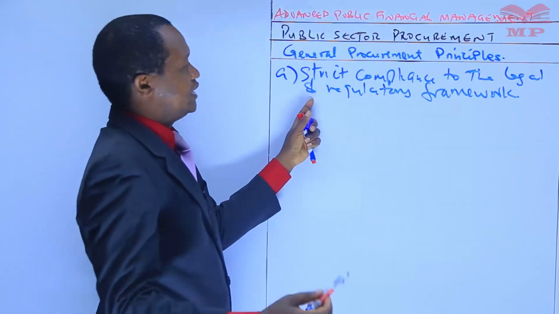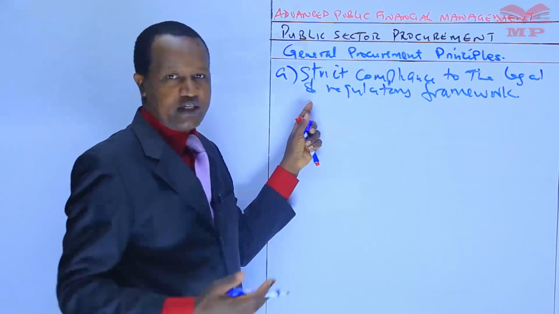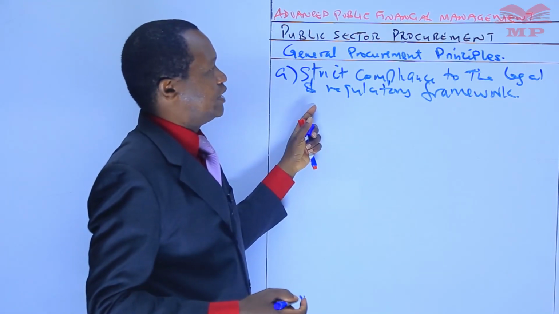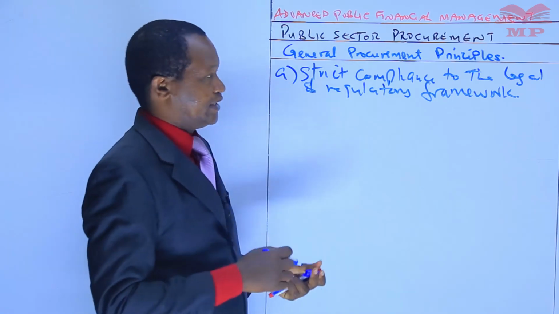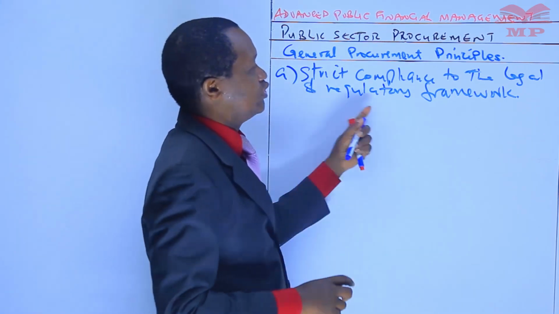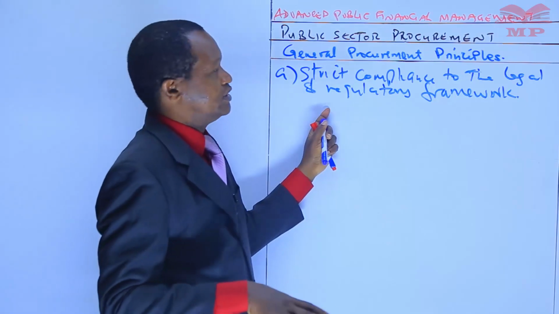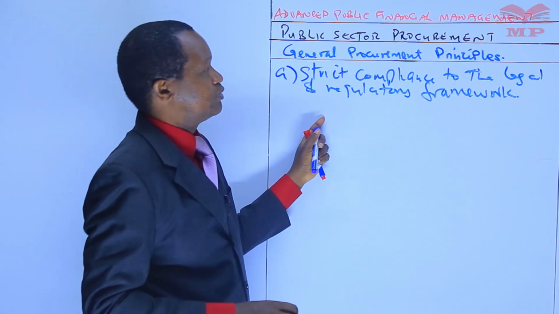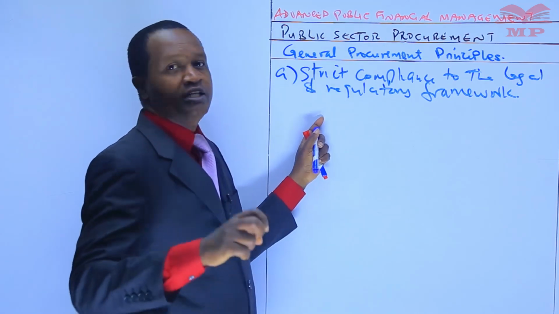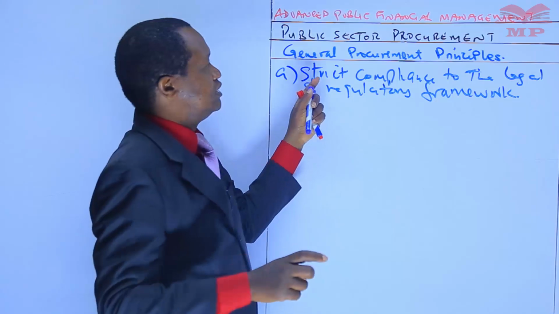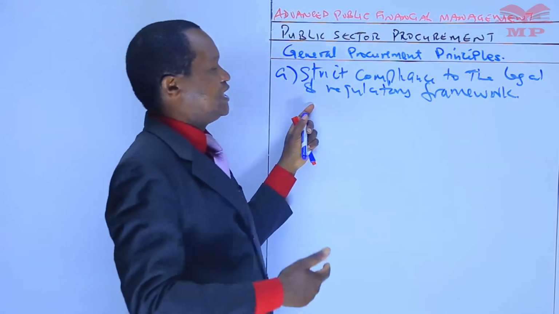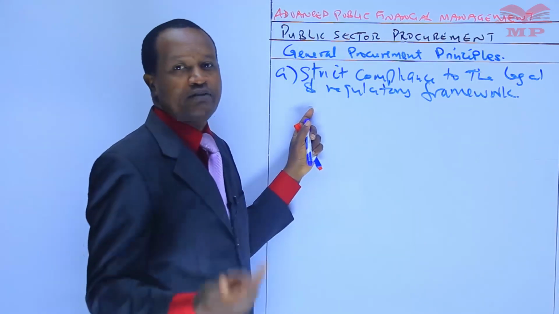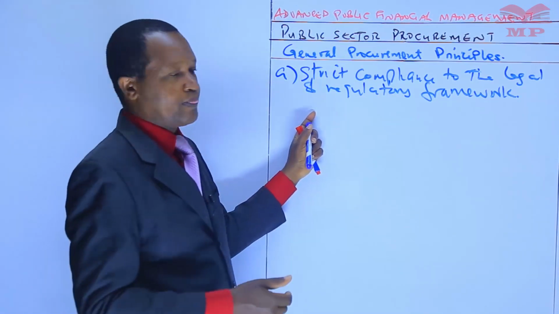Now, the procuring entity is required to comply with the legal and regulatory framework. In Kenya, we have the procurement law, that is the Public Procurement and Disposal of Assets Act, which public sector entities are required to adhere to when procuring goods, services, and so on.